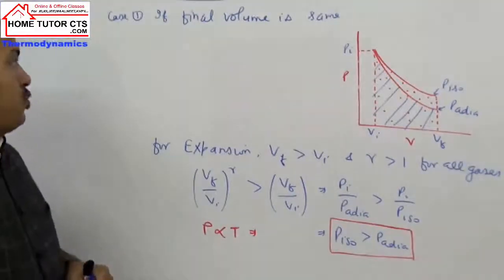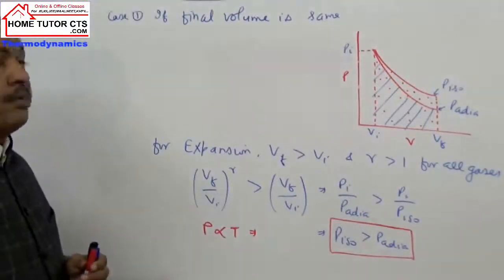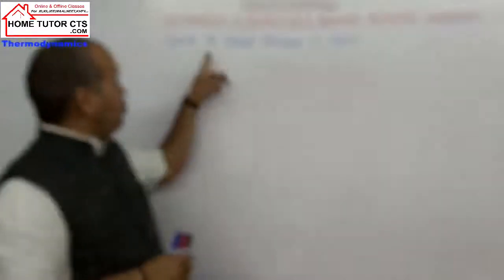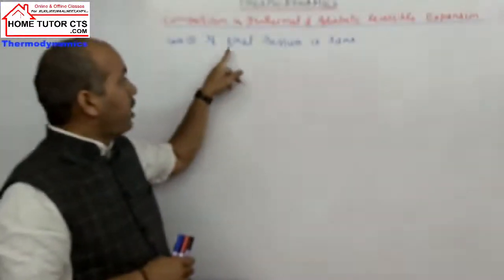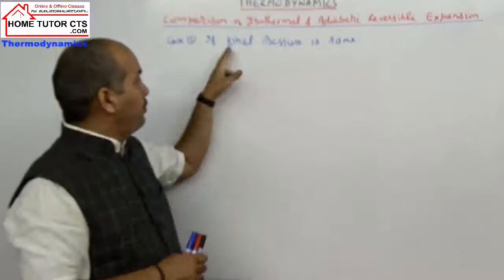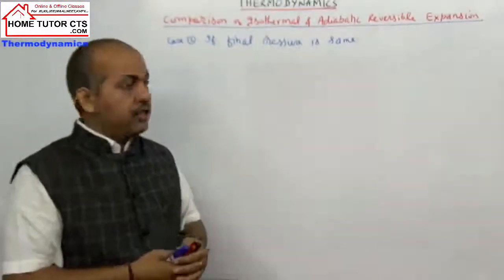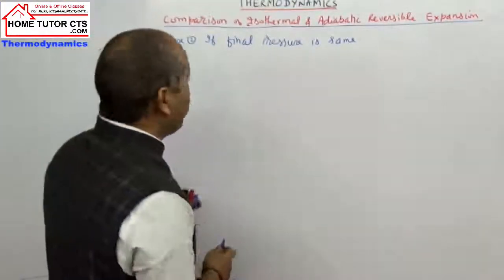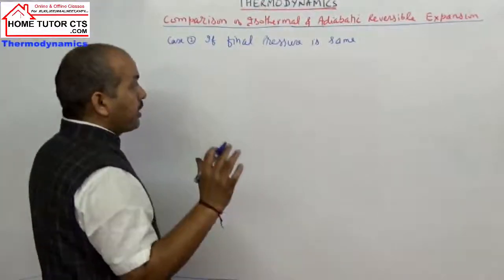Now if I take case 2, if the final pressure is the same in both the cases. Now let us take case 2. If in two processes we have the same final pressure, then how in this case can we compare the work? Let us write the first expression.